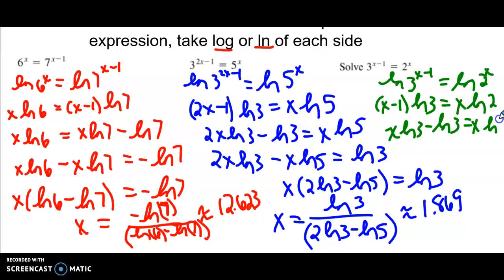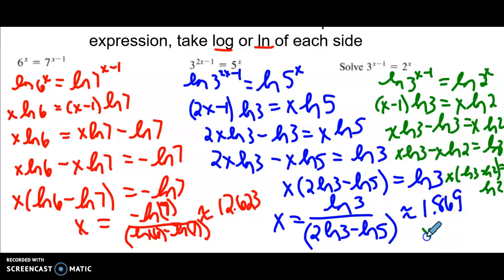And then we'll get all the things that have x's on the left and the things that don't have x's on the right. We'll factor an x out. Okay, and then divide.